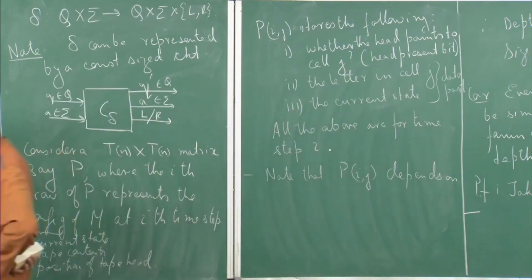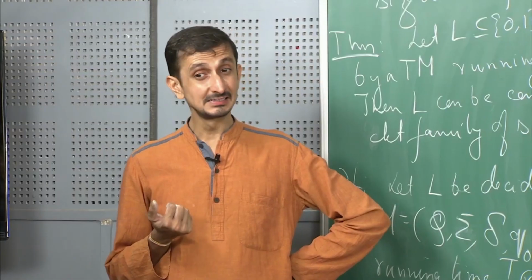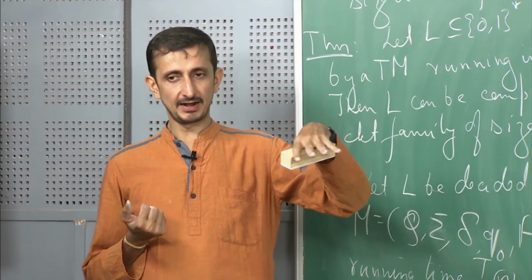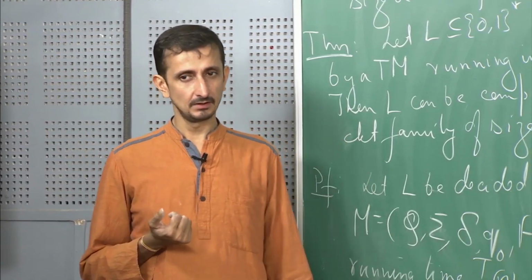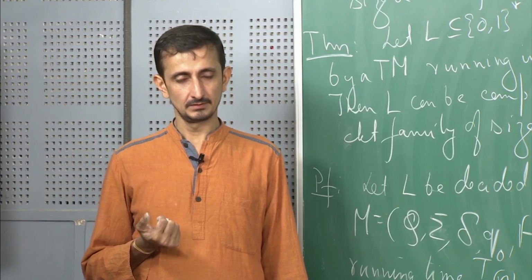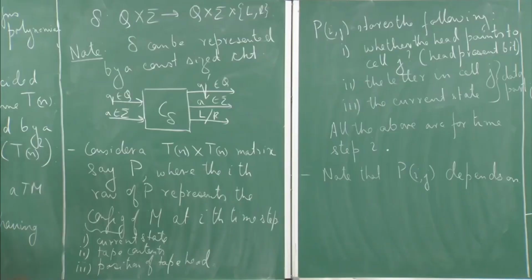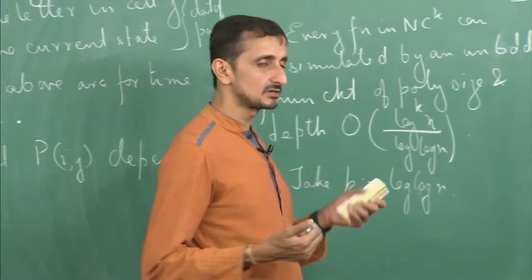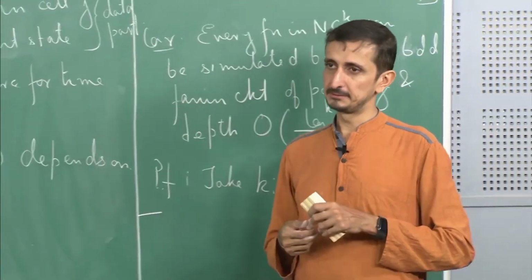What does an entry of this matrix depend on? Pi minus 1, that is the previous row, and so in terms of the matrix, Pij will depend on which cells of the matrix?